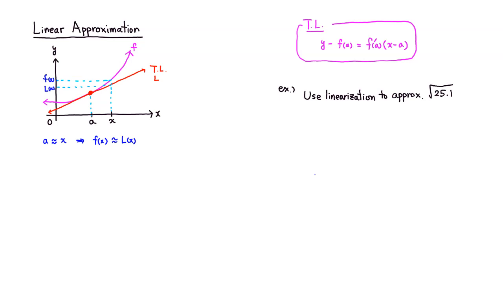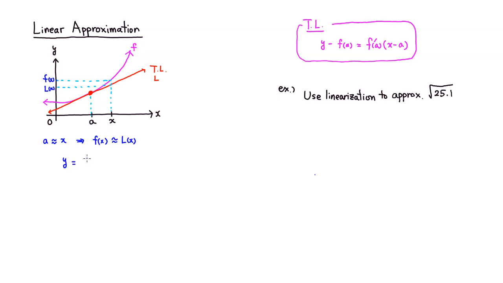We can easily come up with the linearization L of x. This is just a tangent line equation. Remember that the tangent line can be found as y minus f of a equals f prime of a, which is the slope, times the quantity x minus a. All we have to do is add f of a to both sides to isolate y.